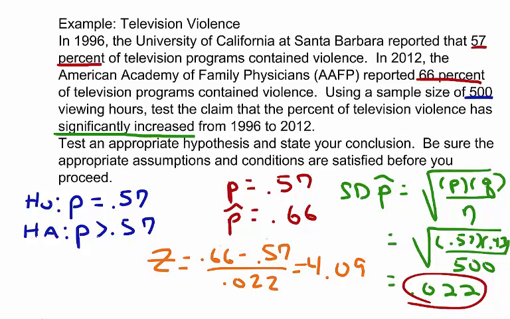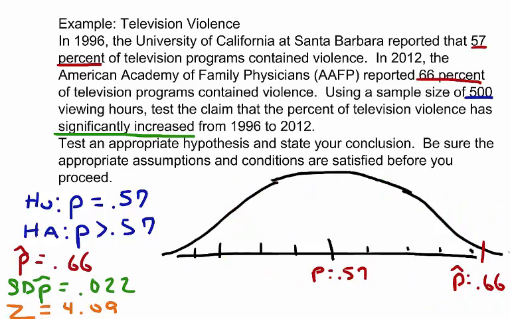Let's take a look at this within the context of the normal model. Looking at the normal model, we can see that our population proportion, P, is centered at the mean, and our sample proportion, P hat, 0.66, which is 4.09 standard deviations above the mean, represents what we might consider to be a statistically significant result.